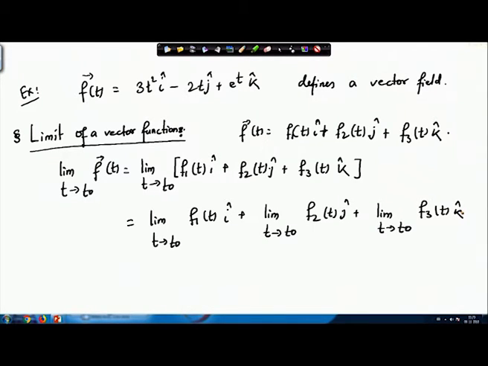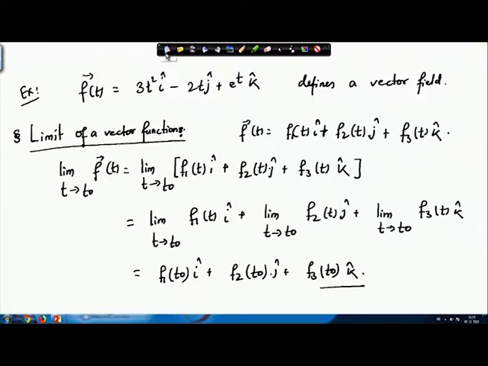We pass the limit on individual components. Suppose after making t go to t0, our f1(t) will be f1 at t0 times i, f2 at t0 times j, and f3 at t0 times k. This is how we define the limits on individual components.